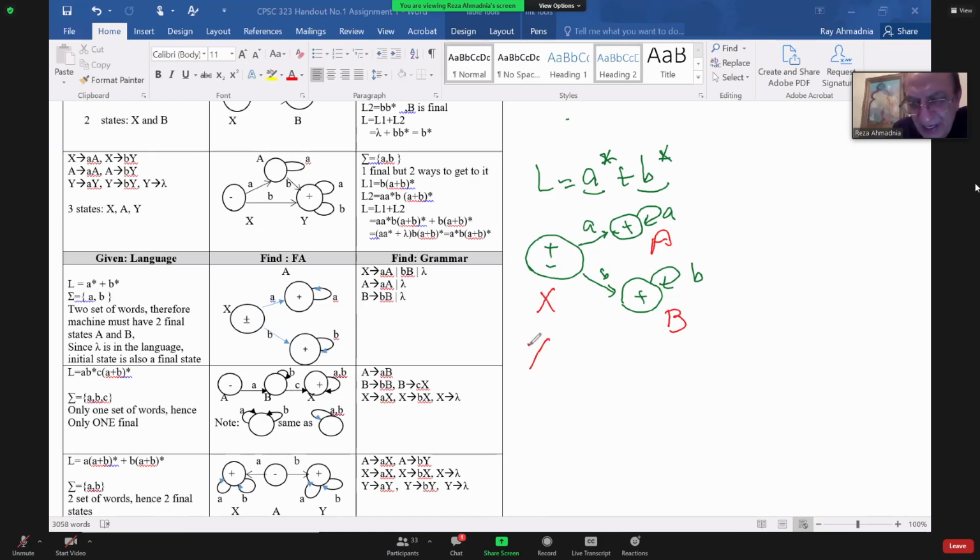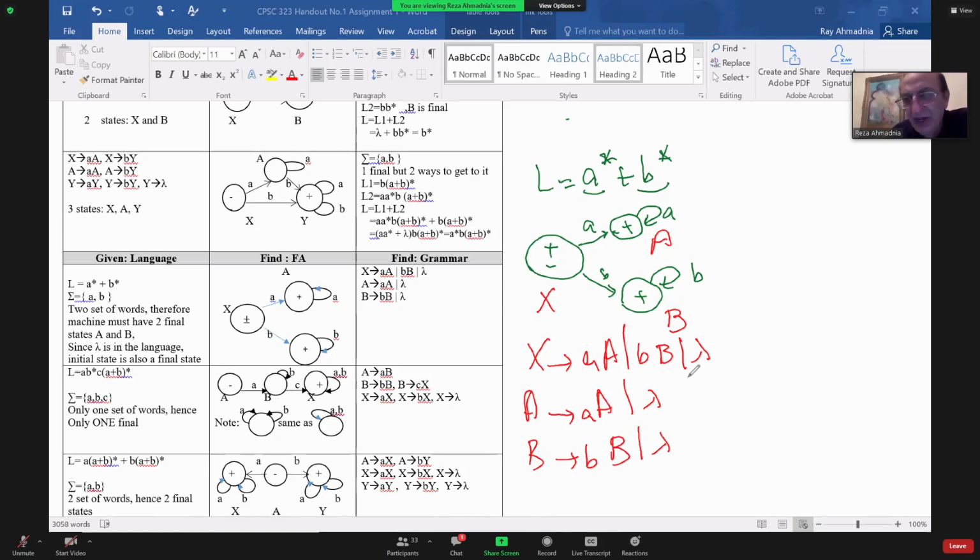So from state X, if input is A, go to A. If input is B, go to B, or stop at X, lambda. At state A, if input is A, back to A, or stop. At state B, input B, back to B, or stop here.